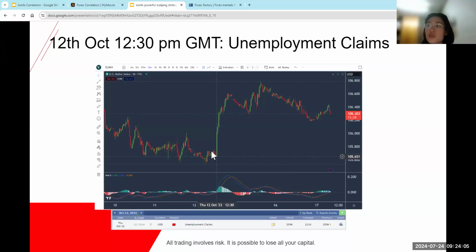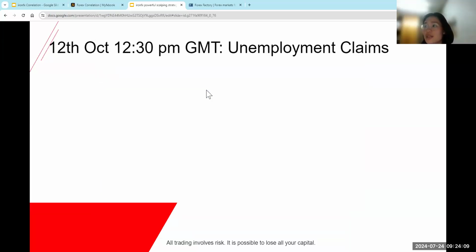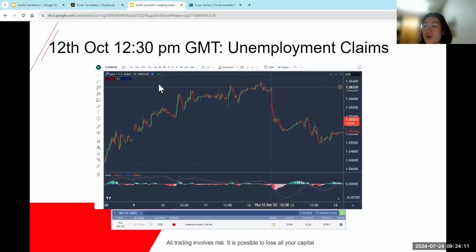The price of DXY shot up at that time, and at the same time we see gold or EURUSD drop significantly, at 12:30 p.m., 12th of October last year. So that's another way to use correlation here.